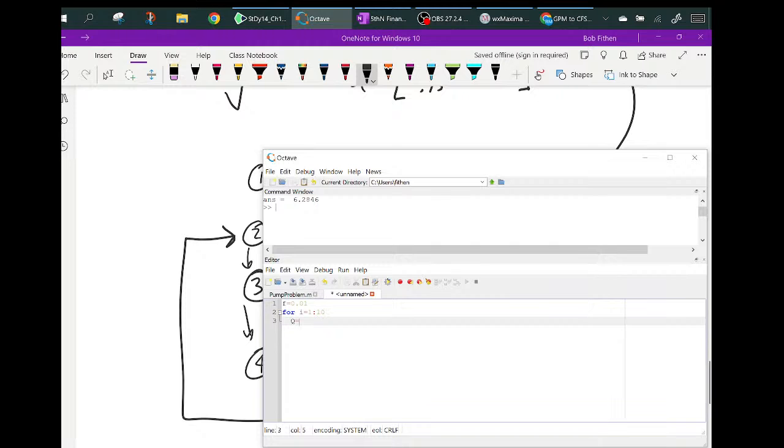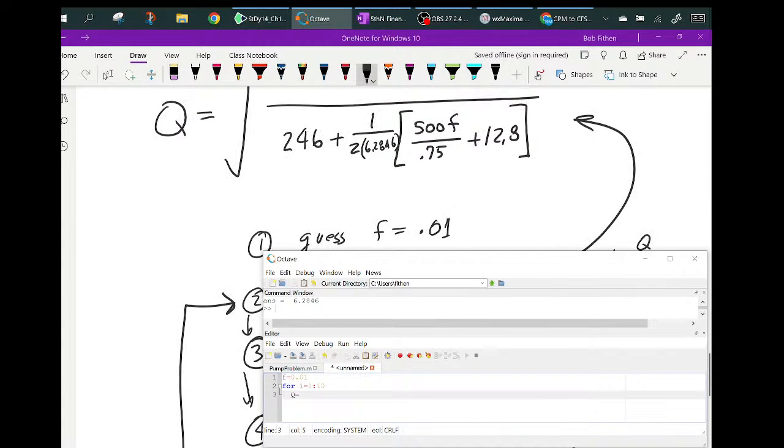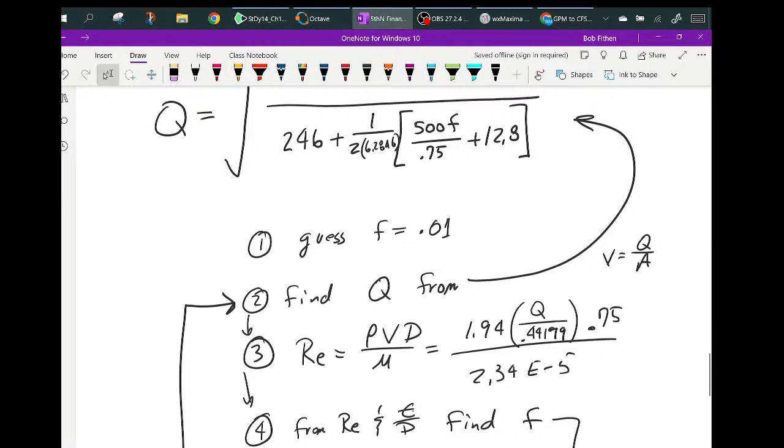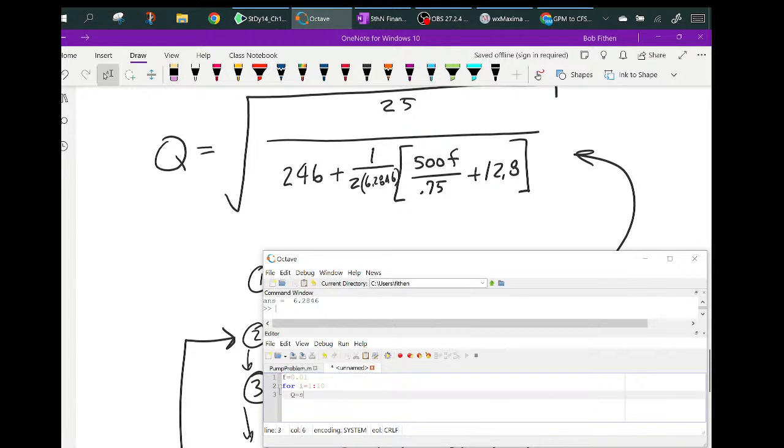Q is equal to, now I can't read that, so I've got to somehow shrink this down. Square root of 25 divided by those brackets, but underneath there you're going to have 246 plus 1 divided by 2 divided by 6.2846 times, close bracket, open bracket.